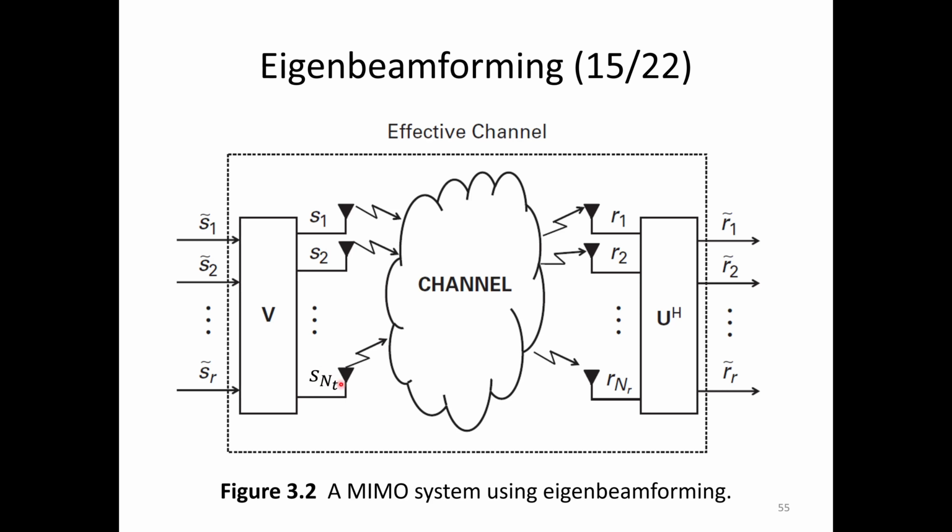Then we pass the vector S through the channel, and at the receiver, we receive R1, R2 to R NR. We call this vector R. Then we multiply U Hermitian and R together. Finally, we get another vector R tilde with elements R tilde 1, R tilde 2 to R tilde R. So the precoder V, the original channel and the premultiplier U Hermitian together, in this dashed line box, are called the effective channel.